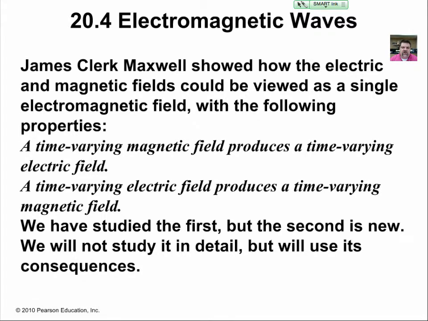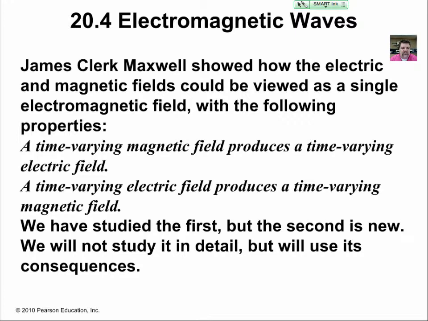Maxwell showed that current and magnetic fields could be viewed as a single electromagnetic field. This is based on the relationship between magnets' influence on magnetic fields, magnetic fields' influence on current, and current's influence on magnetic fields. He observed the following properties. A time-varying magnetic field produces a time-varying electric field.